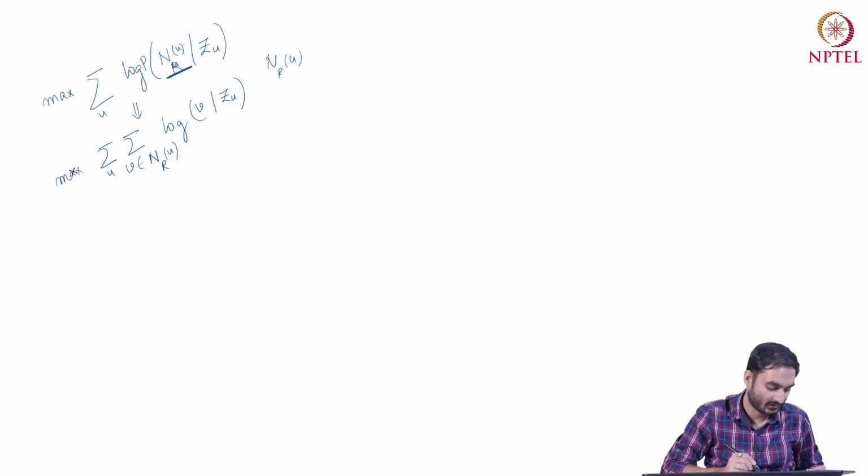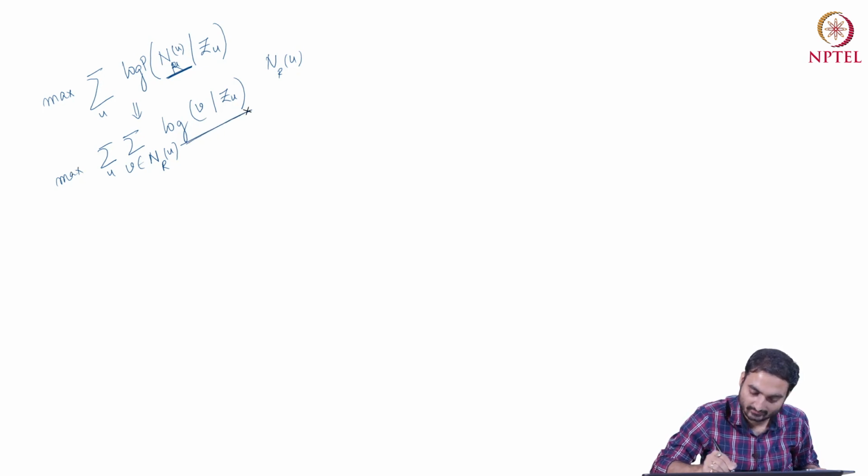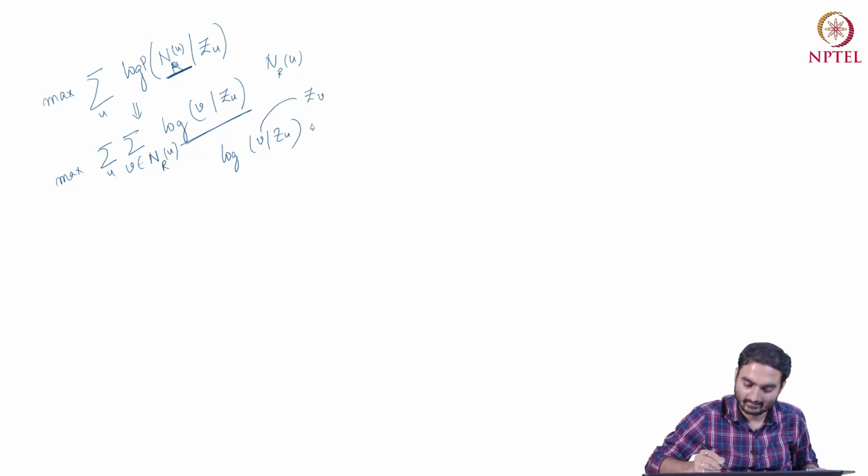Now, how do we calculate this one? Log of v given Z_u. So, v is a node, v will also have an embedding Z_v.